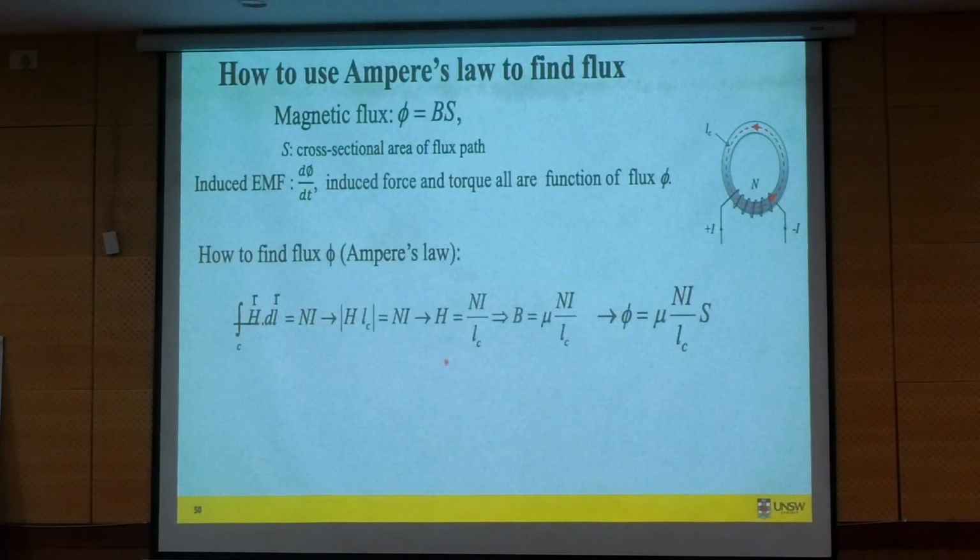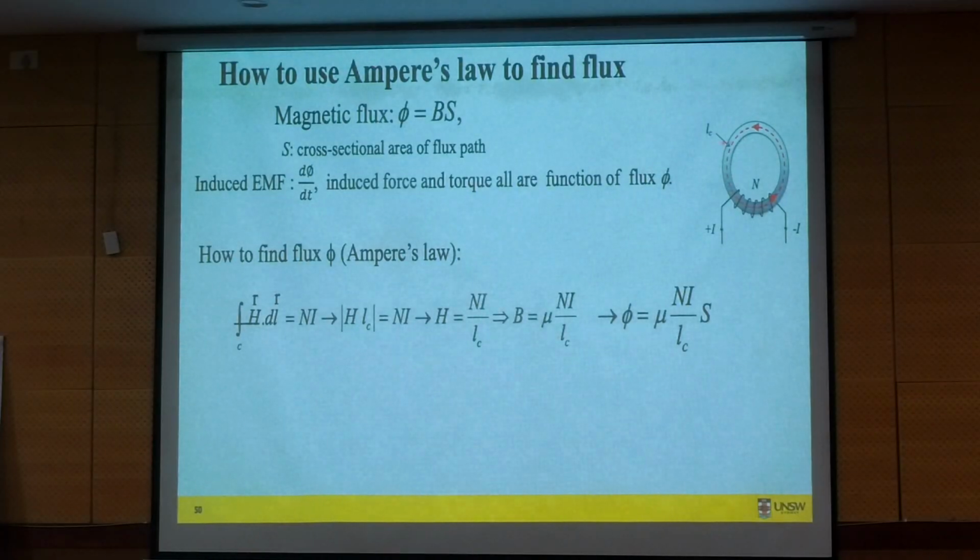And usually we can use Ampere's law, basic Ampere's law, to calculate flux using a magnetic circuit. In fact, the magnetic circuit comes from this Ampere's law. So the basic law is that the closed line integral of H is equal to the number of turns times current.